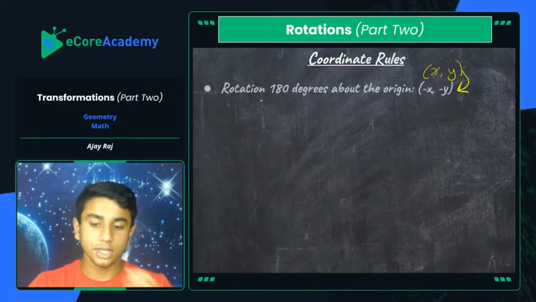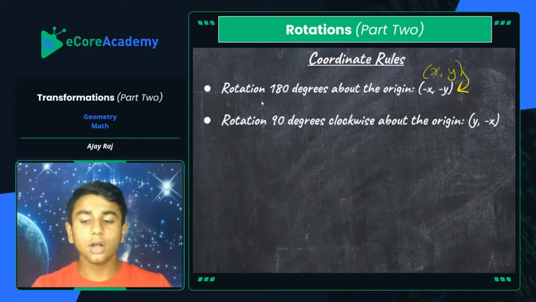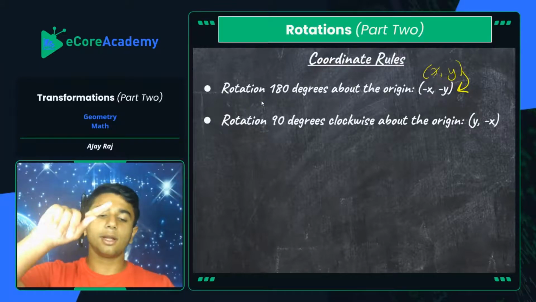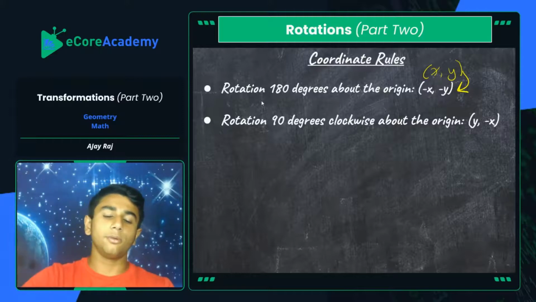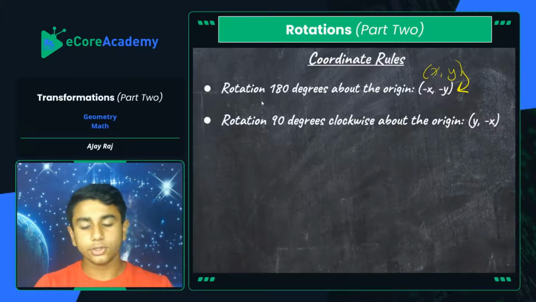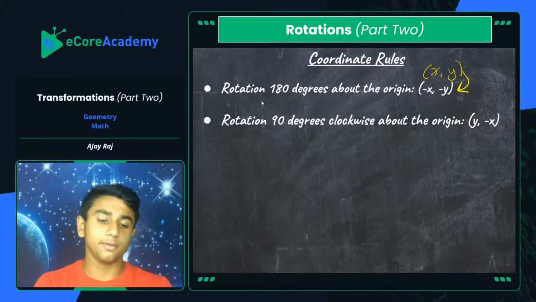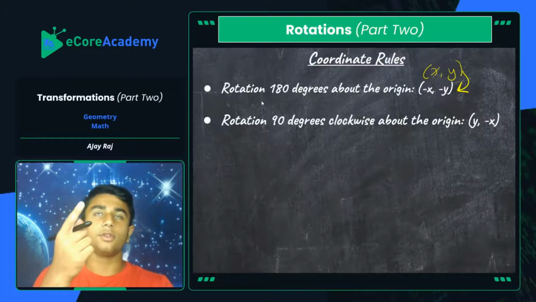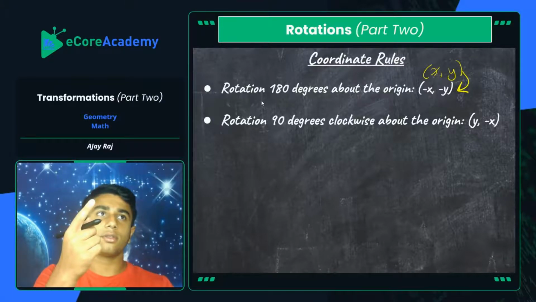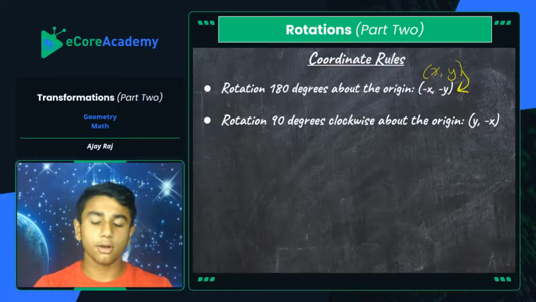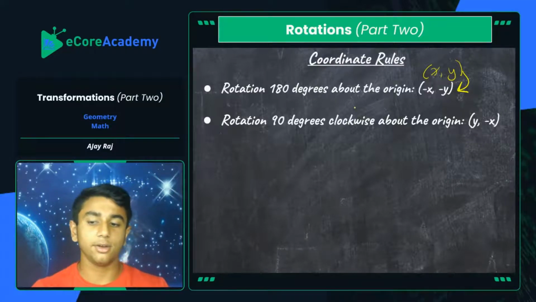And then for rotation 90 degrees clockwise about the origin, think about clockwise this way. It'll be the way a clock goes. For me, it'll be the opposite of what you're saying. So for you guys, it'll be this way. So that'll be clockwise for you, which is basically just a positive 90 degrees about the origin.